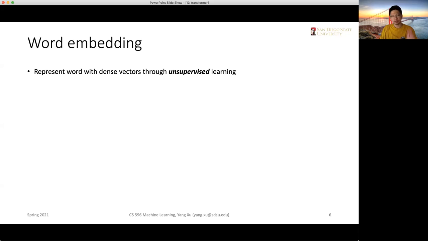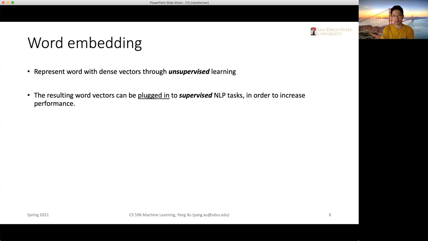That results in word vectors that can be plugged into downstream supervised NLP tasks, such as sentiment classification and question answering. We have shown that word embedding is successful in increasing the performance for those NLP tasks.